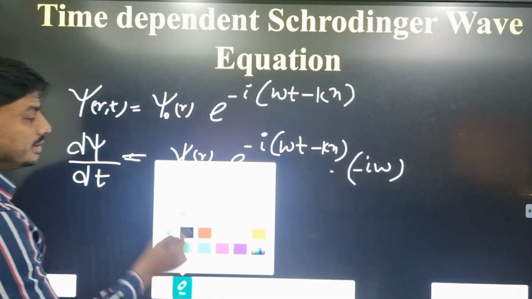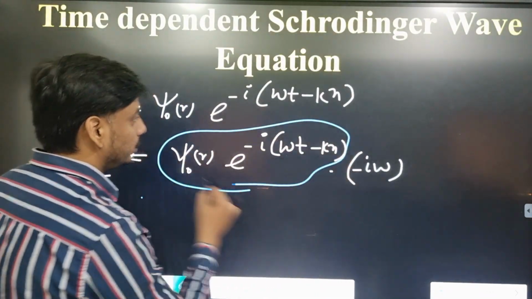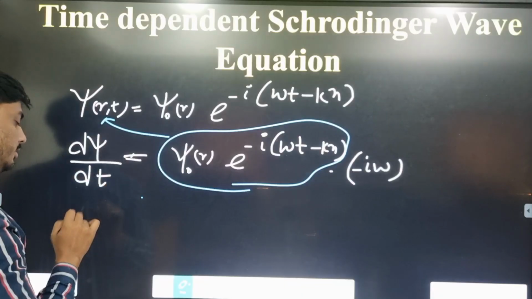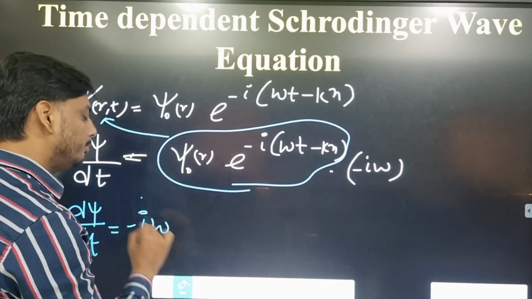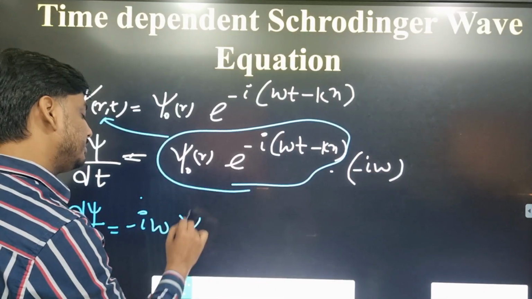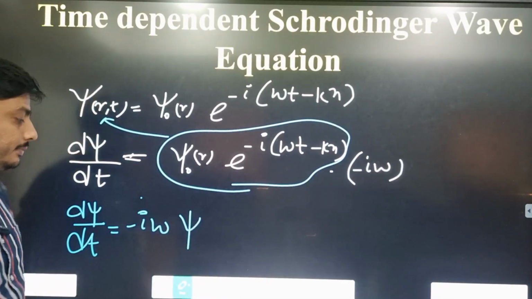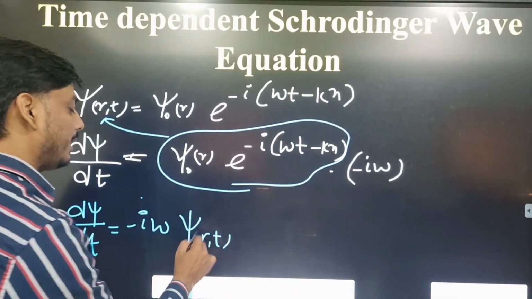Again if we rearrange, this term is nothing but psi(r,t). So d psi by dt equals minus i omega psi. Clear? Minus i omega psi function of (r,t).